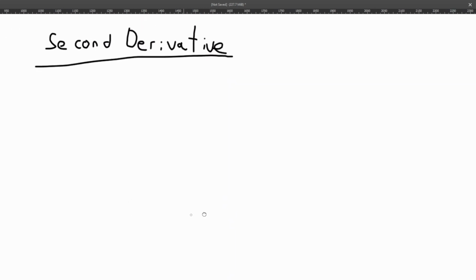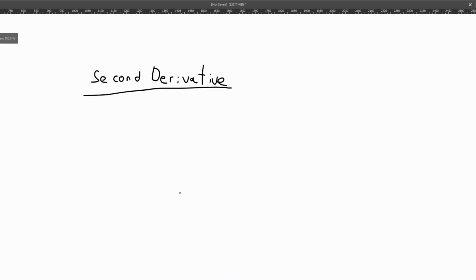Now let us talk about the concept of the second derivative of a function. So if we have a function f of x, as we know, we denote its derivative, so its rate of change, as f prime of x, or by d/dx of f of x.